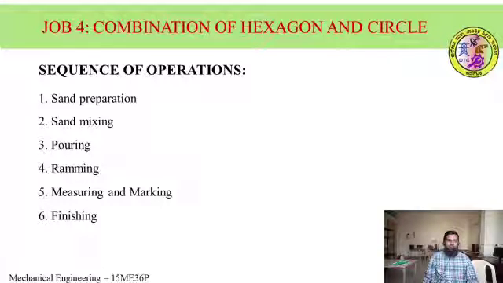Measuring and marking on the top surface of the molding sand, and the desired shape has to be drawn by marking the center. Once the marking is done, we have to finish the mold cavity of hexagon and circle.